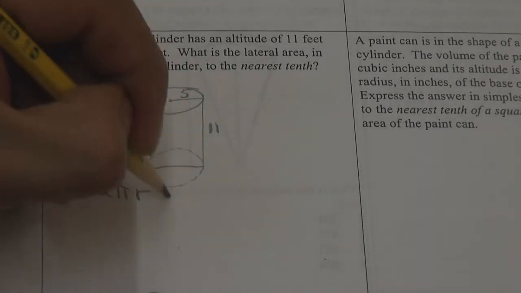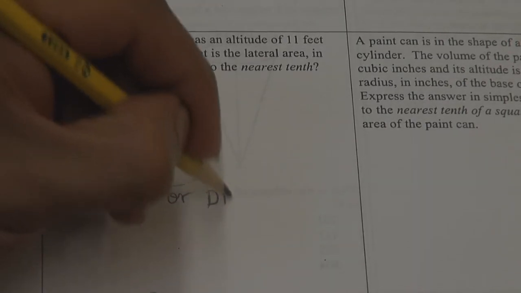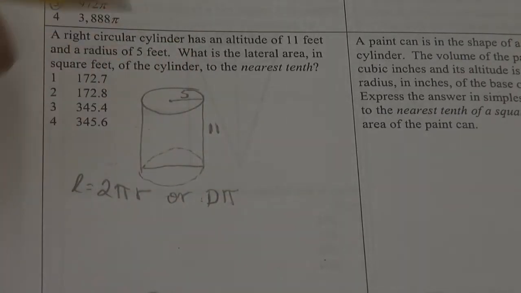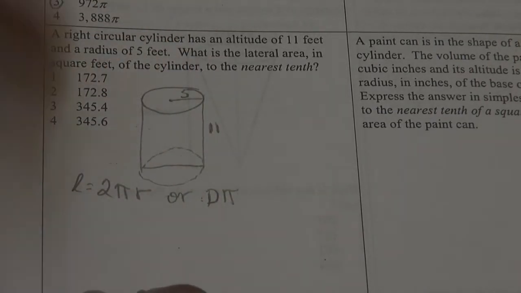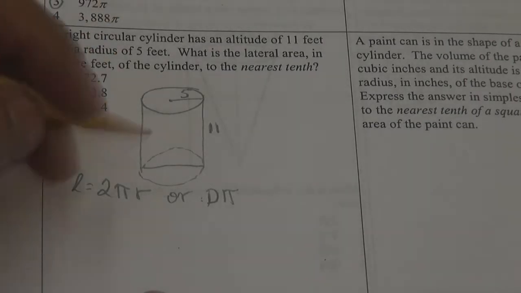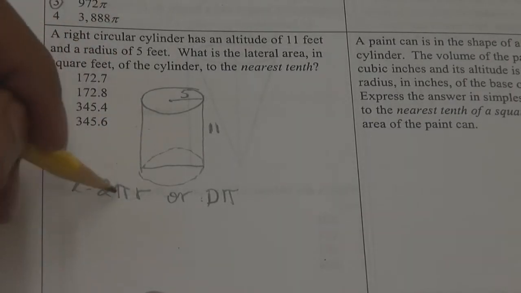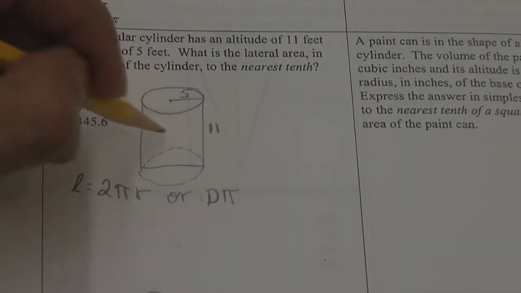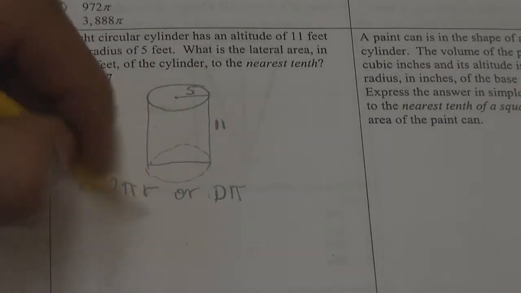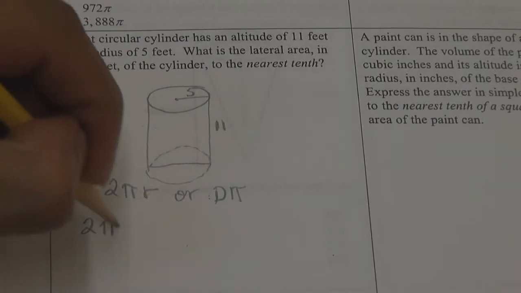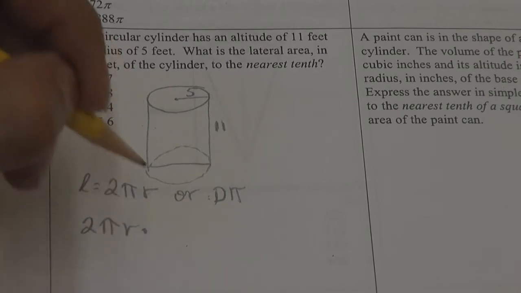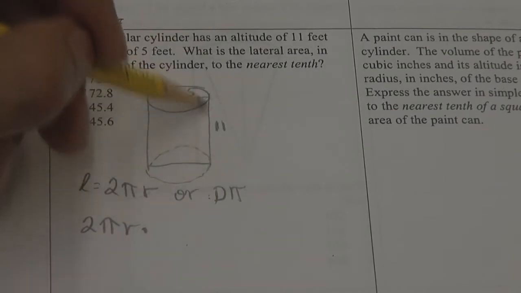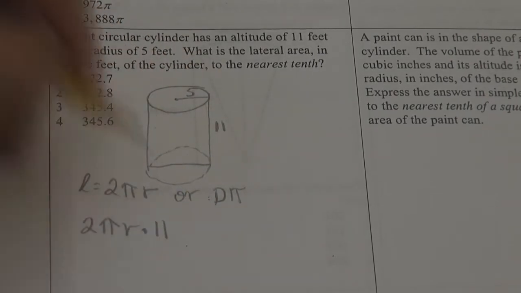Or d pi. What does d stand for? D stands for diameter. Okay, whatever you call it, it doesn't matter. So then, this is the length. But to find the lateral area, the area of the rectangle, we have to do the length of that times the width, which in this case becomes the height, so it's 11.